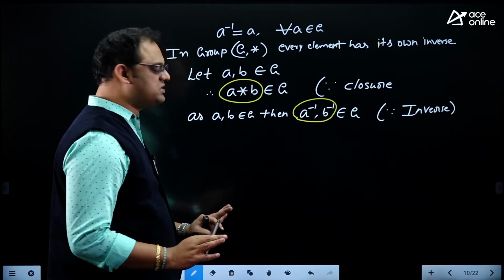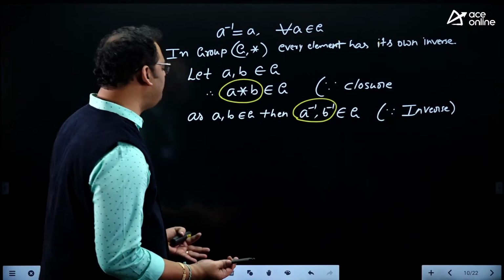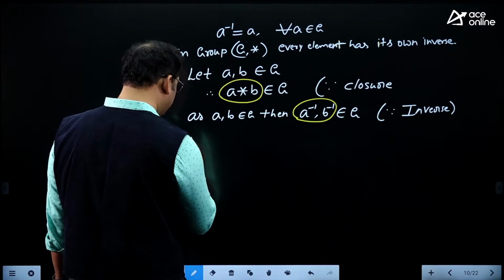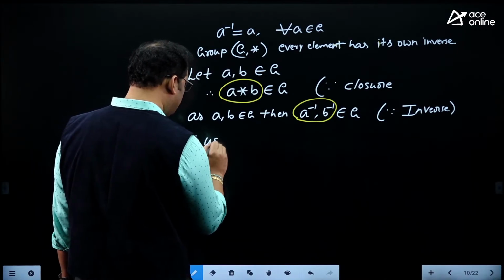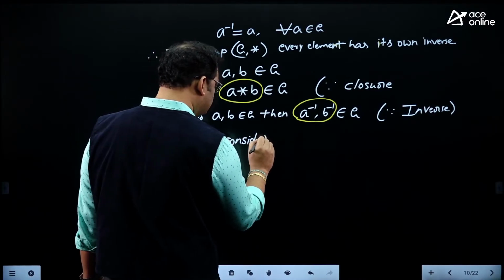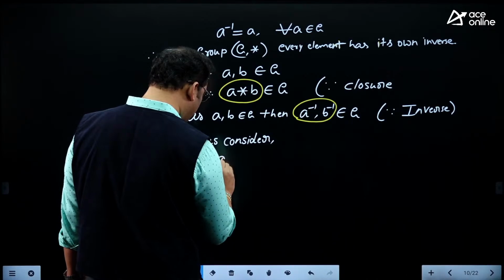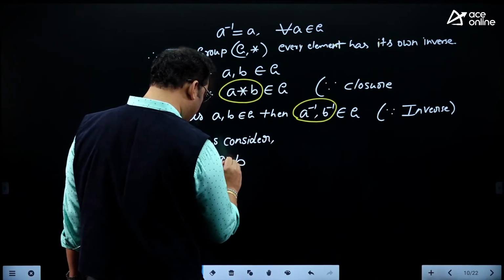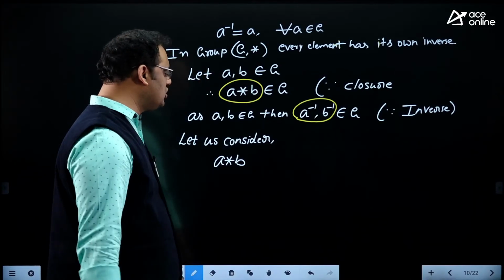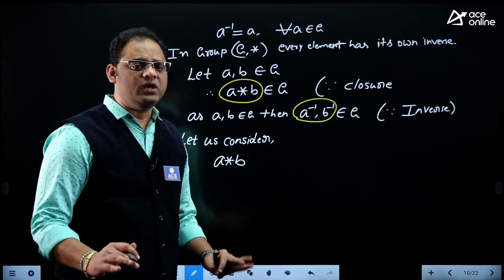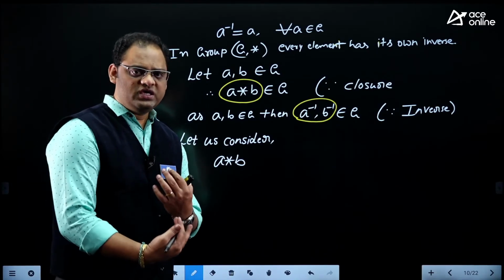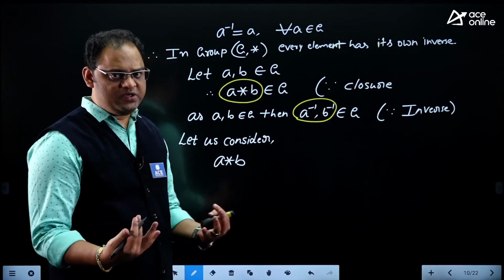Yes, if these 2 points are clear, just to see how I am going to operate, let us consider, my dear, two elements A and B and operate them A star B. Yes, I know that A star B definitely belongs to G, that is closure property. That story is over. Now my target is abelian group. In my mind, what is working? A star B. From A star B, I need to get B star A.